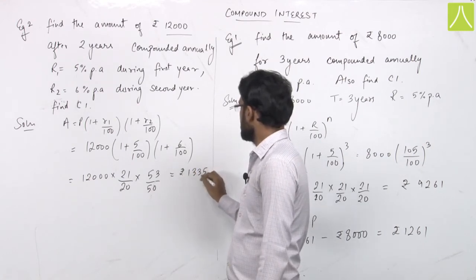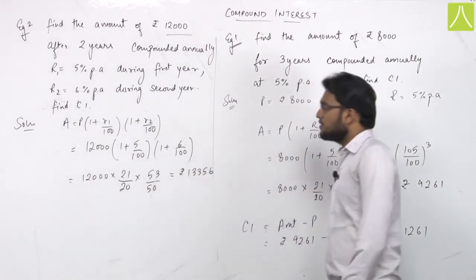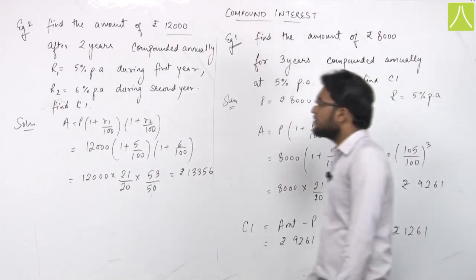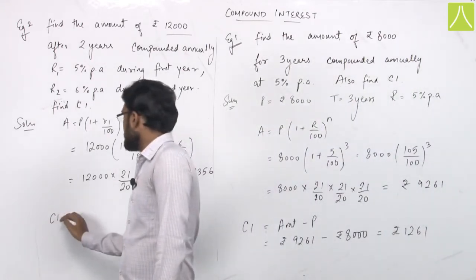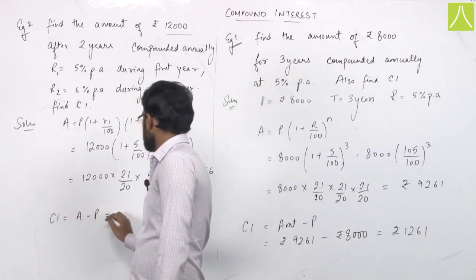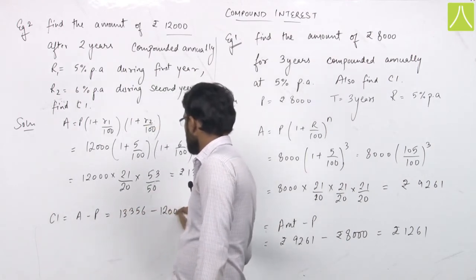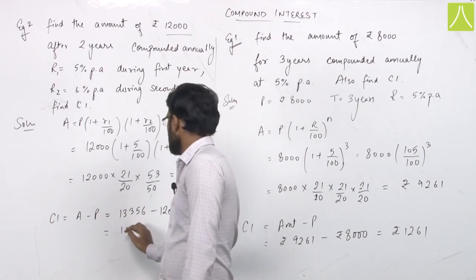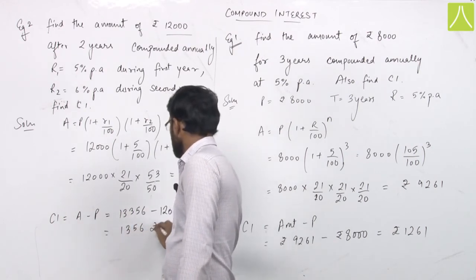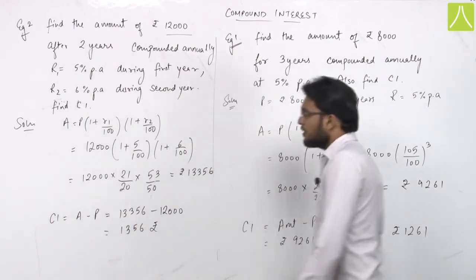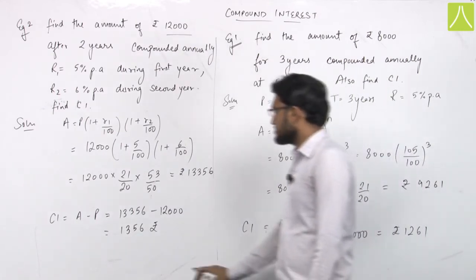Now we have to calculate the compound interest also. We know that the compound interest is amount minus principal, which is 13356 minus 12,000, which is equal to 1356. Now the compound interest here is 1356 rupees only.